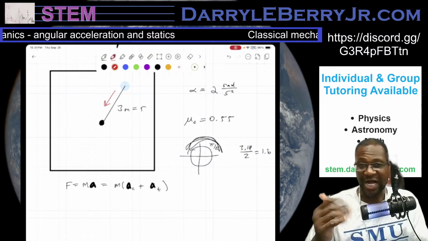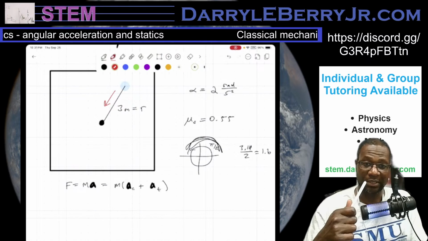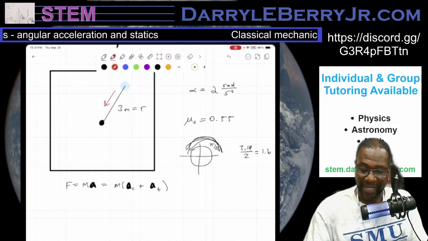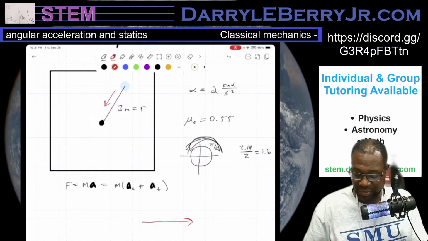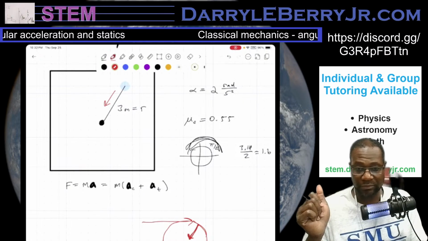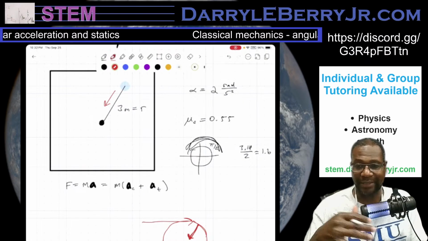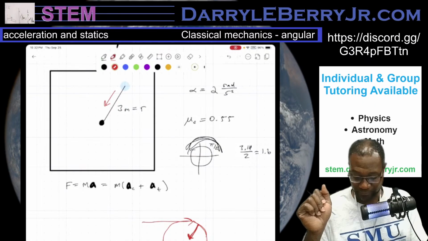So let's say an object is going in a perfect circle because of some kind of force. It starts going at a translational motion and then it starts going in a perfect circle. That means there's a force pushing directly inward towards the center that's causing that thing to spin like that. The net force is causing it to go in a circle.